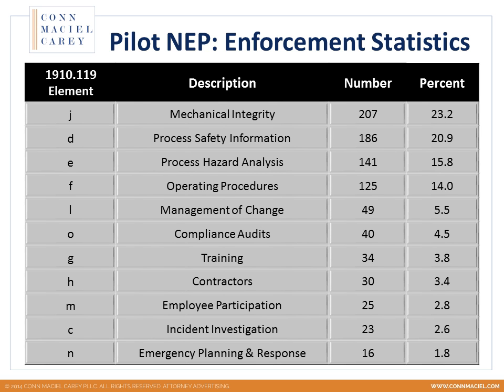It showed you where OSHA was focused and where they were leaning, and in fact they found the same types of issues, at least at the top, in the same order. Mechanical integrity still carries the day as the most frequently cited. Collection of process safety information, your PHAs and your operating procedures are the major categories. Management of change came in fifth in both the refinery and the chemical facility NEP.